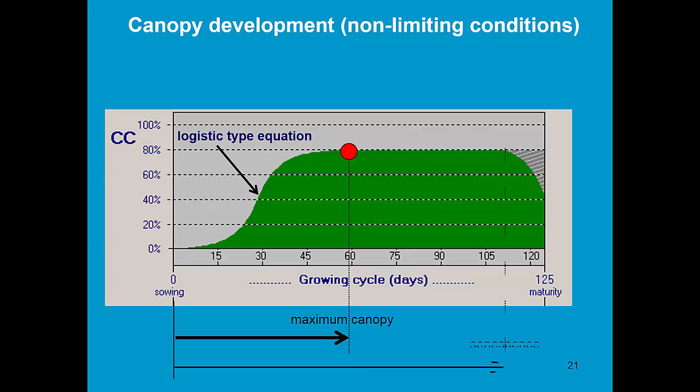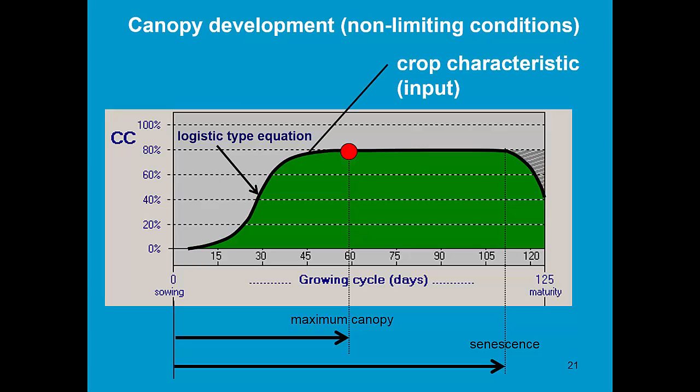At the end of the season, when senescence kicks in, the canopy cover will decline. So with a few parameters, which are crop characteristics, which is an input, AquaCrop knows how the crop develops under non-limiting conditions.